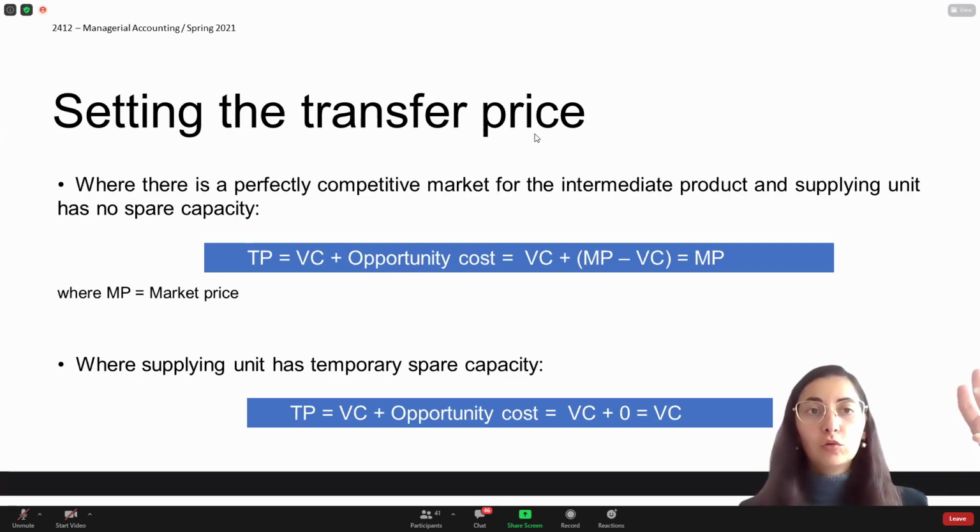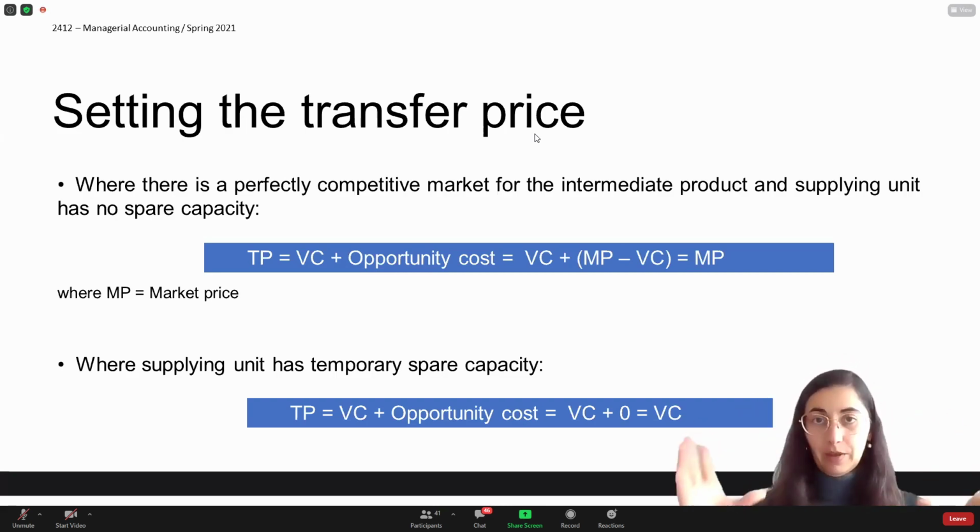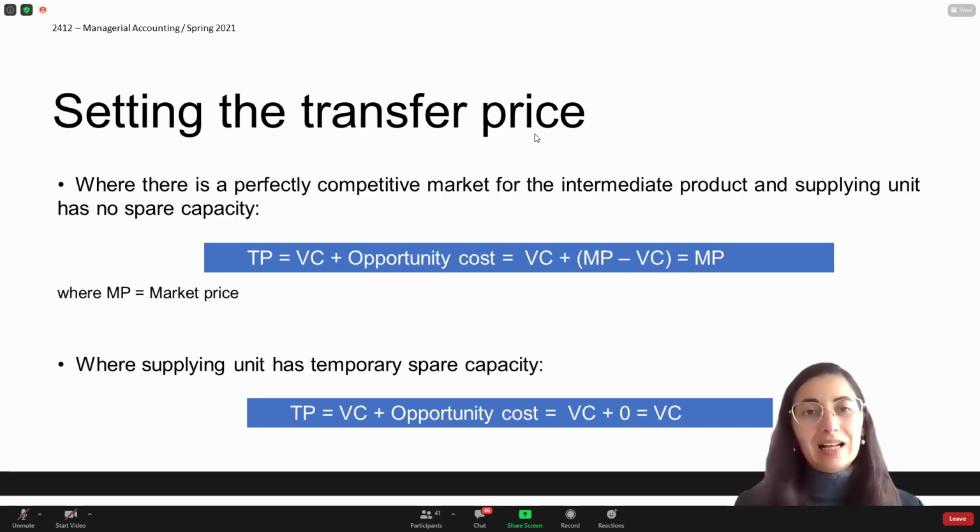We take the general rule that we had in the previous slide, and we look at the opportunity cost in this case. In the next case, when we have spare capacity, so we have extra hours that we could be using, and they are not being used at the moment. So if we want to produce to sell to the other division, what is the opportunity cost? There is no opportunity cost because I'm not stopping to sell something because I have spare capacity.